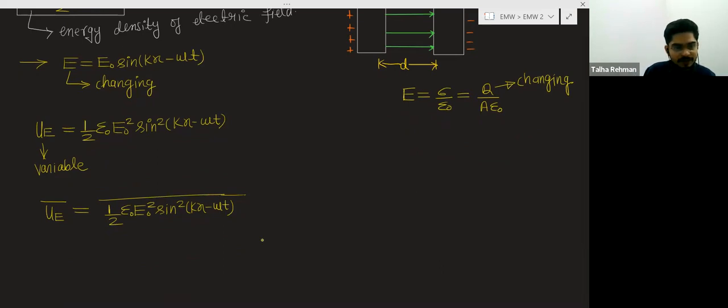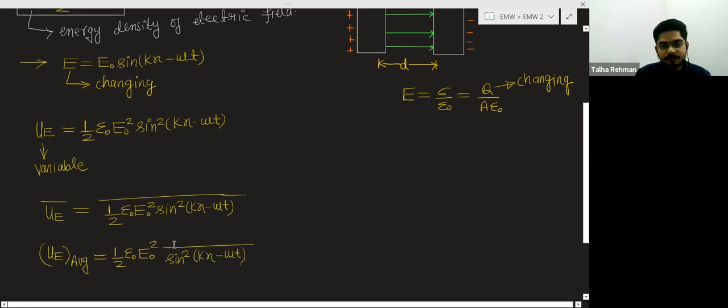Now this half is constant, epsilon naught is constant, E naught square is also constant. Now we need the average value of sine square (kx minus omega t).